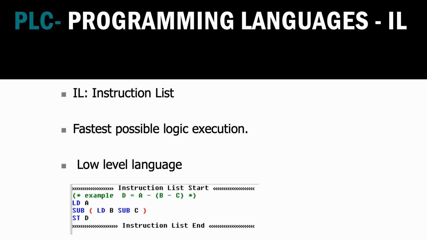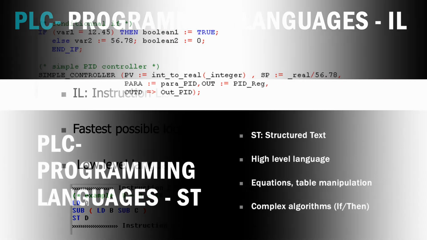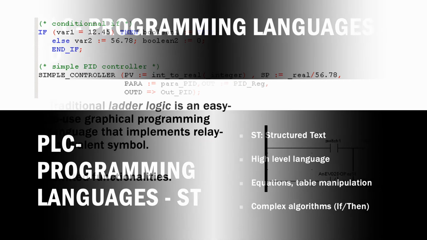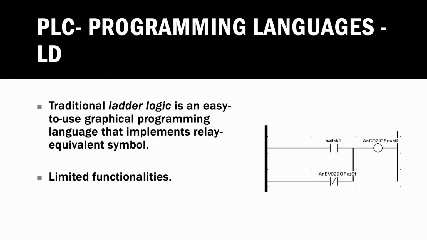Structured text programming language looks like a high level language, with equations, table manipulations, and complex algorithms like if, then, or, nor. All these we can use in structured text, ST language. When it comes to the graphical ladder language, everything is represented graphically, like normally open, normally closed, coils. But in this language there are limited functions.